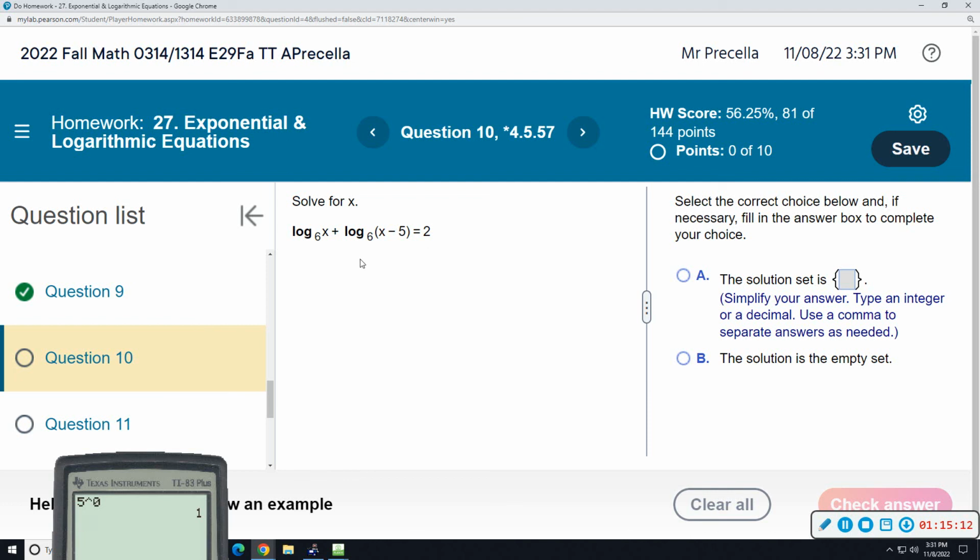Log base 6 of x plus log base 6 of x minus 5 equals 2.